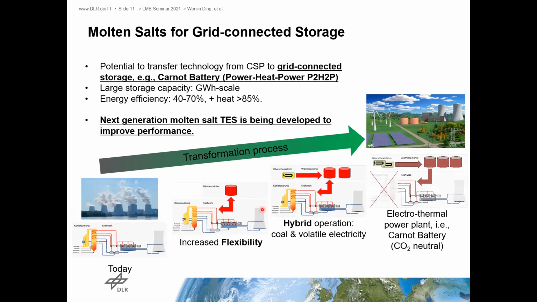That is the first step. The second step is to also use some electricity from the renewable energies. And the final target is to get the Carnot battery. That means we will not use the coal, we just use the renewable energy and store it in the molten salt, and using the heat in the molten salt can give flexible power.